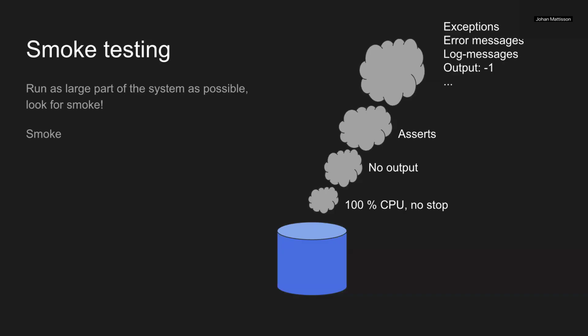That can be different things. It could be that it runs at 100% of the CPU, which shouldn't happen. You might install something locally and run that program. If the CPU goes to 100% and doesn't go down, something is wrong.